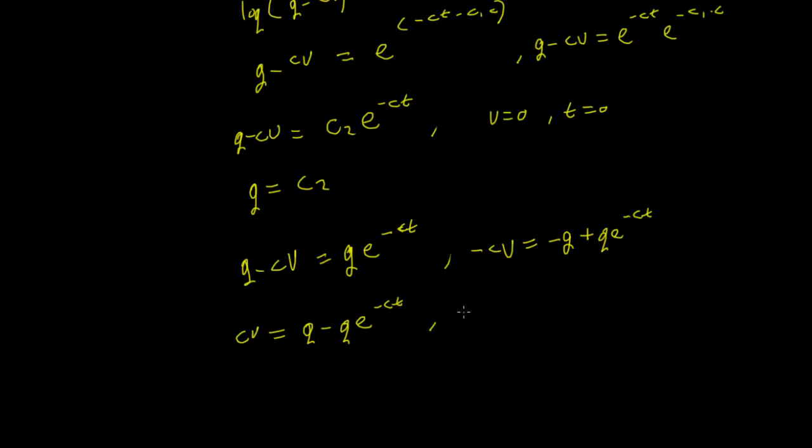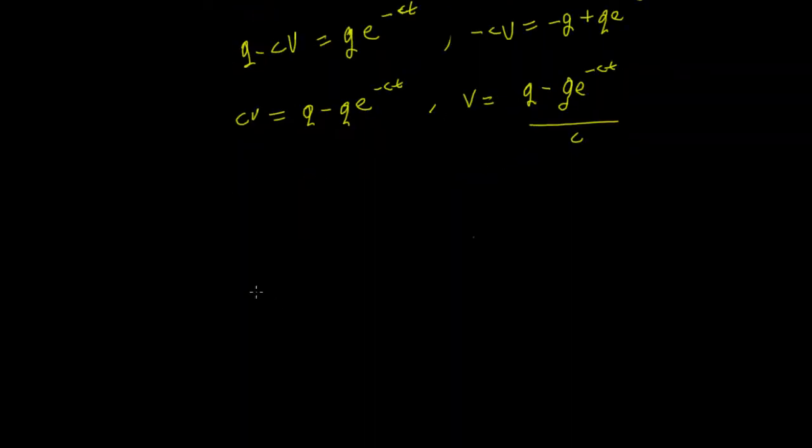We can rearrange that for v and say v equals g minus g e to the minus ct, all upon c. So finally we can say that v equals g upon c times 1 minus e to the minus ct.